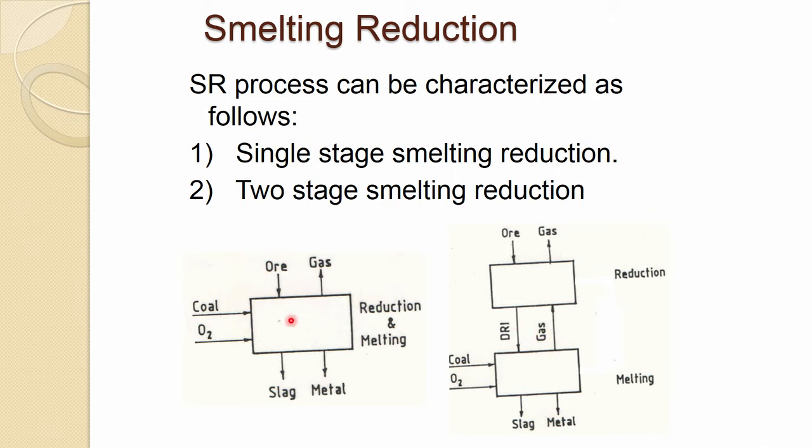So, this is the basic difference, and most of these smelting reduction processes are in the second one. In the starting it started with the first one, but later on mostly second one was adopted. One of the previous examples in the starting was high smelt or like that, but later on they have been modified.